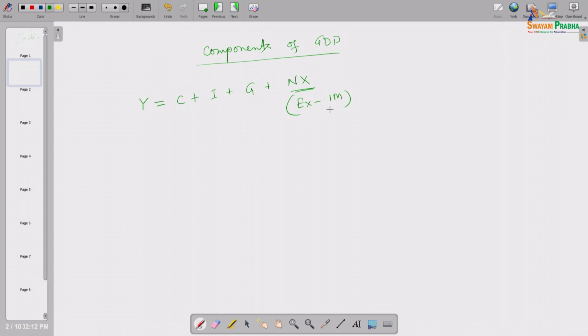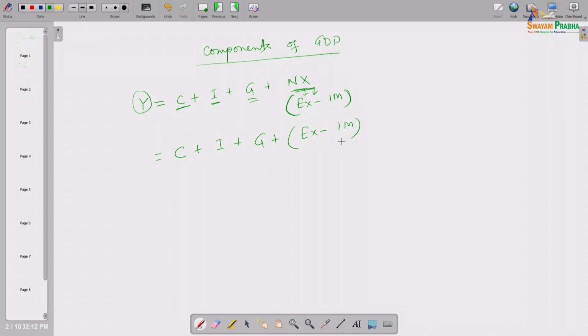So total GDP has 4 components, one component is this, another is this, another is this, another is this. The fourth component is actually a combination of 2 components, total export minus import. So in that way you can also say there are 5 components: C plus I plus G plus export minus import.